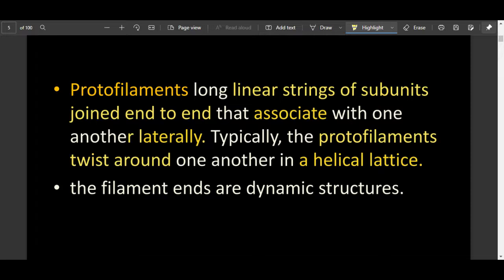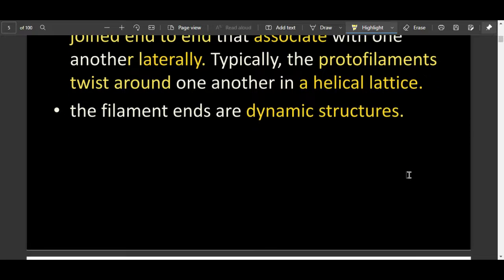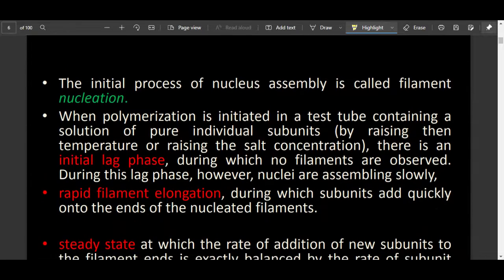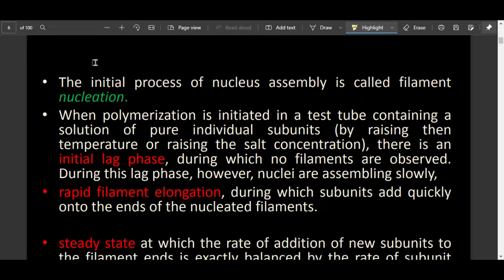Third, two protofilaments twist around one another in a helical lattice. A filament is a dynamic structure. The initial process of nucleus assembly is called filament nucleation.